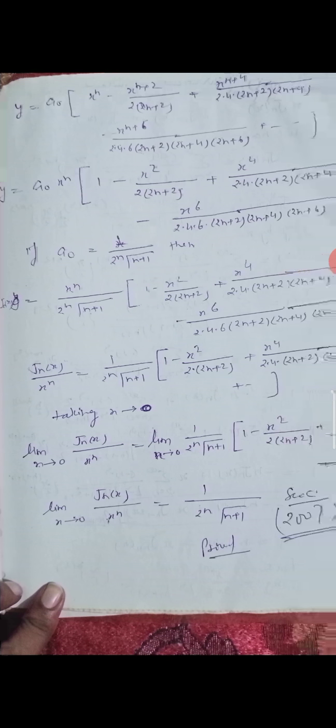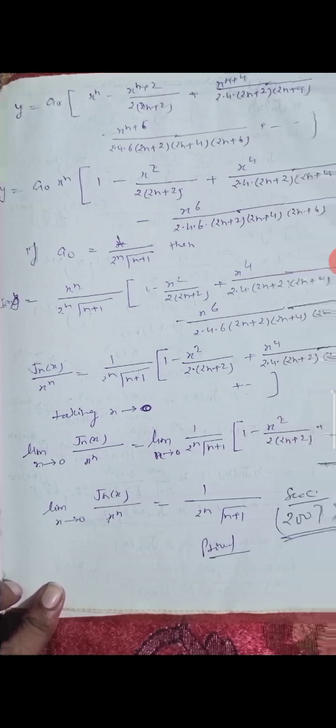Now a naught is common, and x to the power n is also common, so we can write this as a naught x to the power n in bracket 1 minus x square upon 2(2n plus 2) plus x to the power 4 upon 2·4 (2n plus 2)(2n plus 4) minus x to the power 6 upon 2·4·6 (2n plus 2)(2n plus 4)(2n plus 6) and so on.